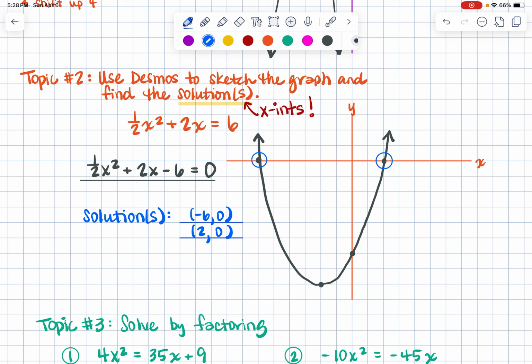Okay, and I want you to write your solutions as x-intercepts. You could write it as x equals -6 and x equals 2, but technically those are equations of vertical lines. So I'd rather you leave them as intercepts. Okay, and that's it, right? Use Desmos to your advantage there.